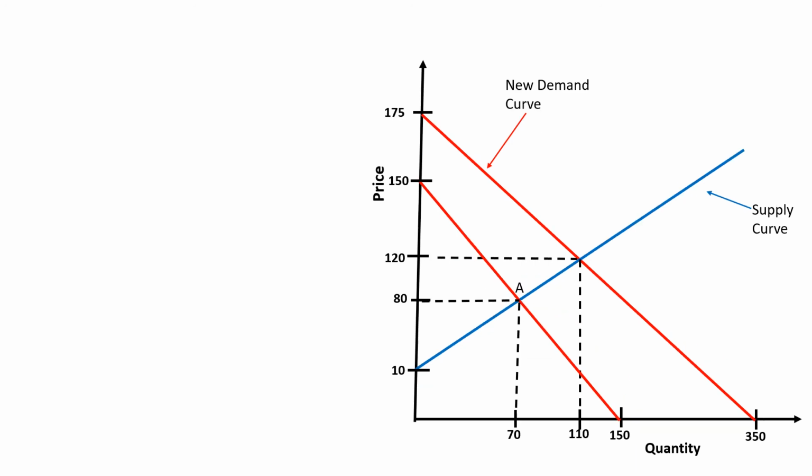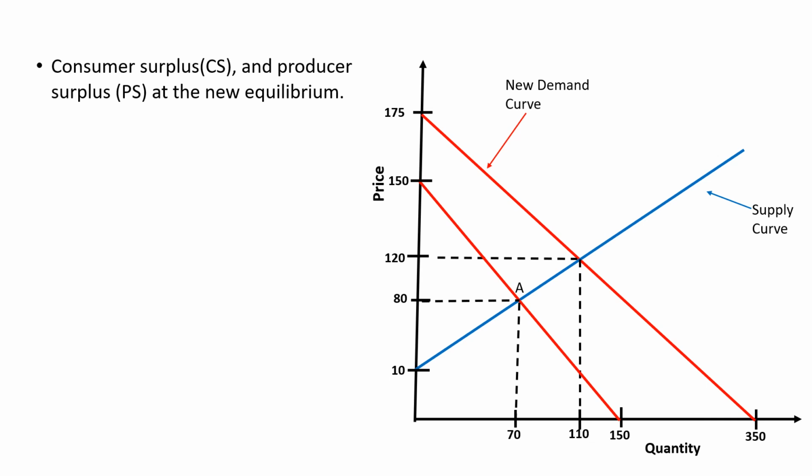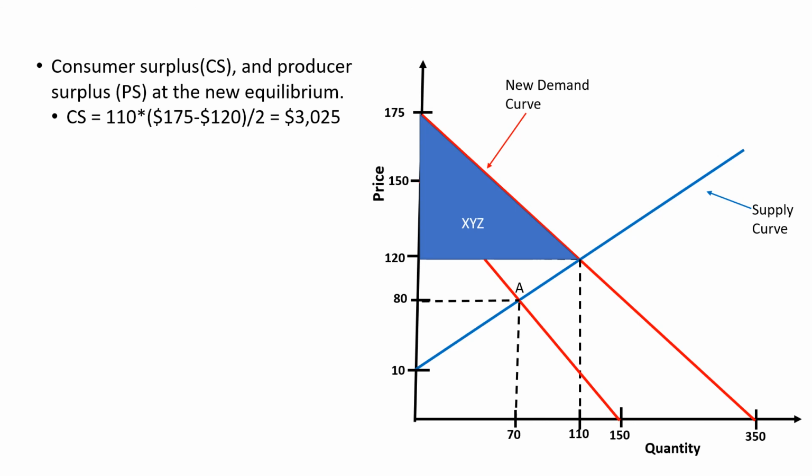Having discussed the concepts of consumer surplus and producer surplus, we can apply them to this new demand curve. The consumer surplus would be calculated as usual because it's represented by the triangle XYZ. So we use the formula for calculating the area of a triangle. The base would be 110, the height is 175 minus 120.